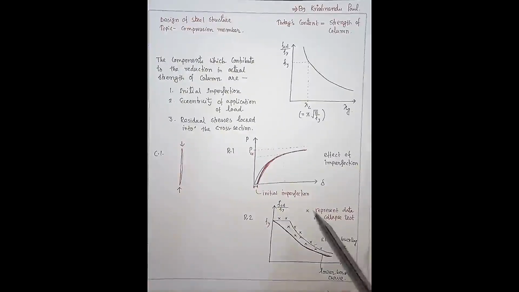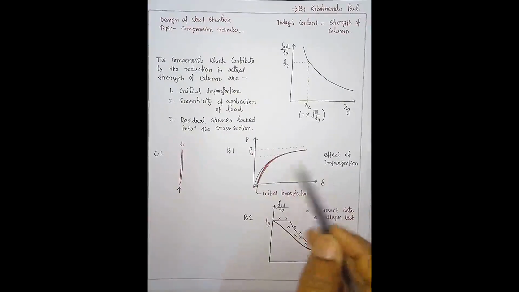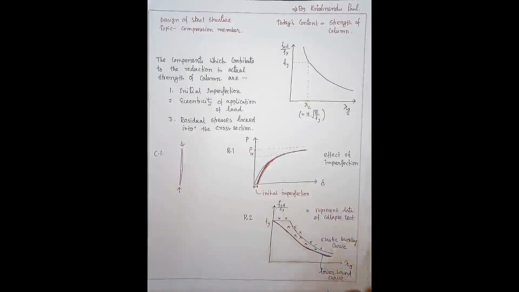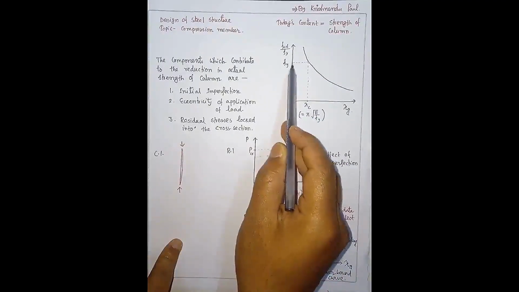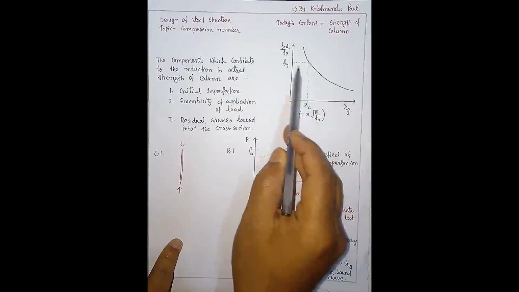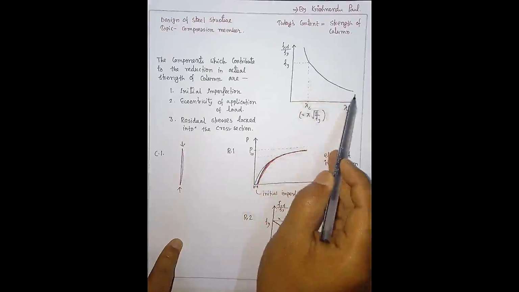Now these theories are proven by tests. In the laboratory some researchers have tested many columns, many compression members, and let us see what they have found. Here I have drawn this curve, basically from this part to this part, because this is the total story.